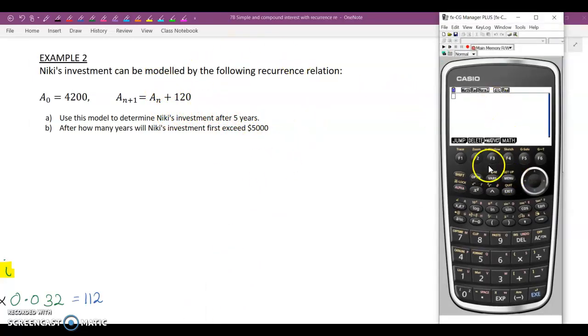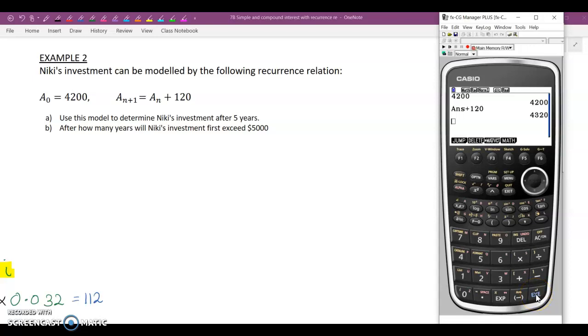So to do this on a calculator, what we need to do is enter in our A0. So we type in 4,200 and hit the equal sign. Now that's stored as an answer. What we now want to do is tell the calculator we always want to take our previous answer and add 120 to it. So I don't press anything, I just press plus 120, and that now has told me I'm doing my previous answer plus 120. So we need to work out what the investment will be after 5 years. So what I need to do now is say, okay, well that was A0, what is A1, which is the investment after 1 year?